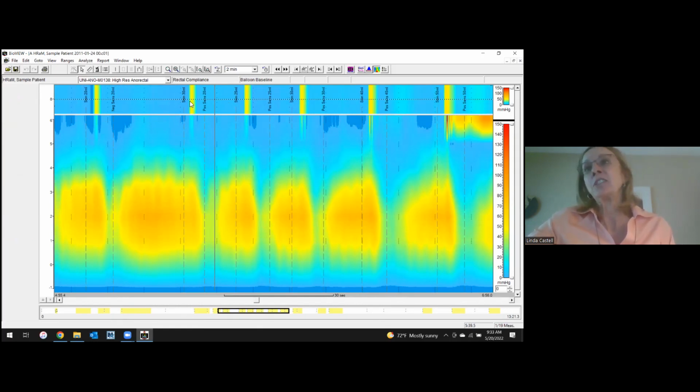You should see a color change here. If I didn't, then I would make sure that my stopcock was in the right position, that I was really inflating the balloon. So that's troubleshooting number one.